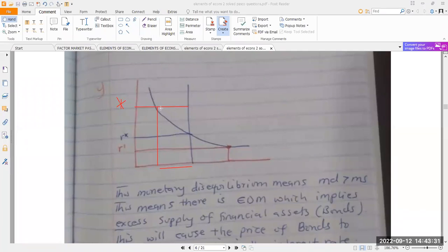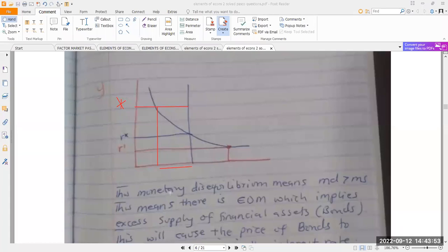So this one too, there's a disequilibrium. Money demand isn't equal to the supply of money. Now, this will mean that we'll have excess supply of money. So if you go to the bonds market, it means that we have excess demand for bonds. So when we have excess demand for bonds, the price of bonds will go up.